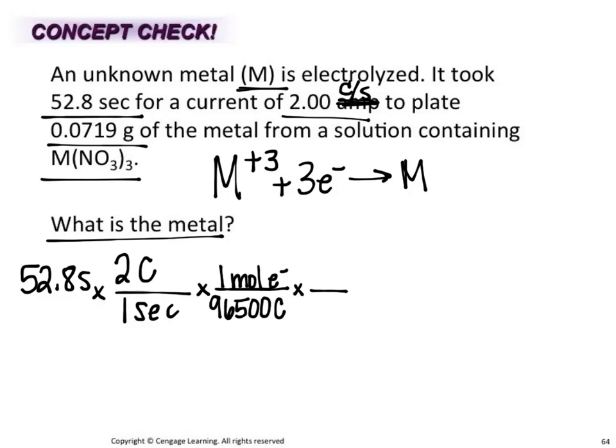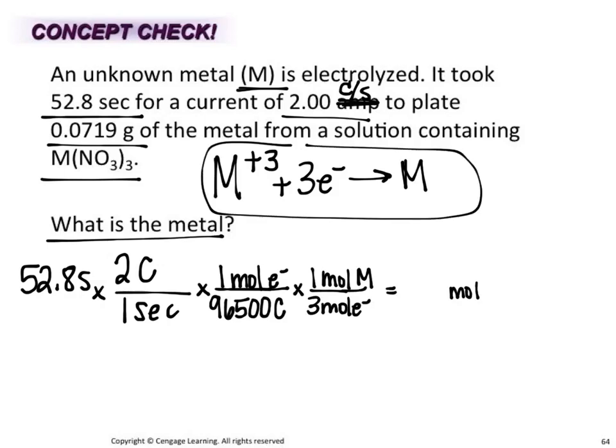How many moles of electrons did we use in this reaction? 3 moles of electrons, and we have 3 moles of electrons for every 1 mole of our unknown M. So how many moles of M took place in this reaction, from this balanced equation up here?